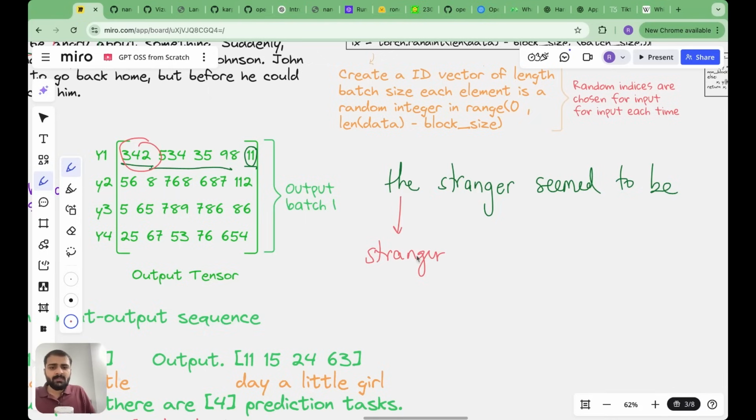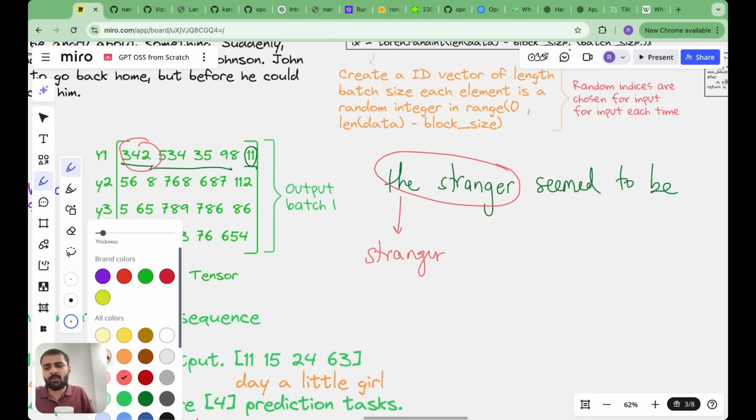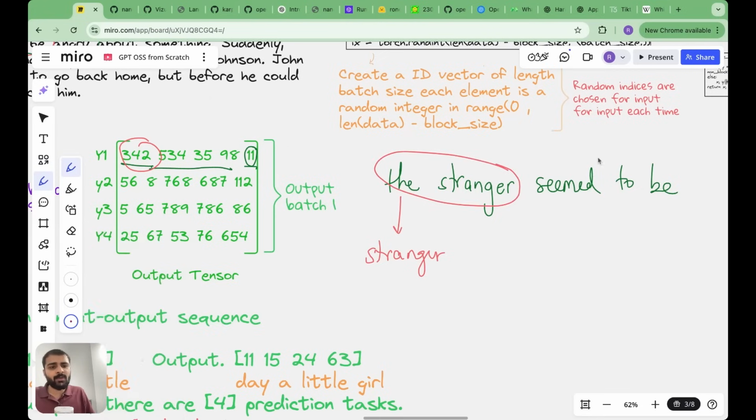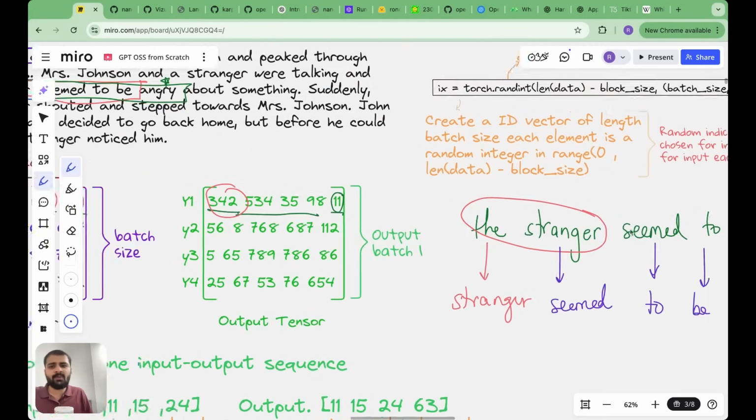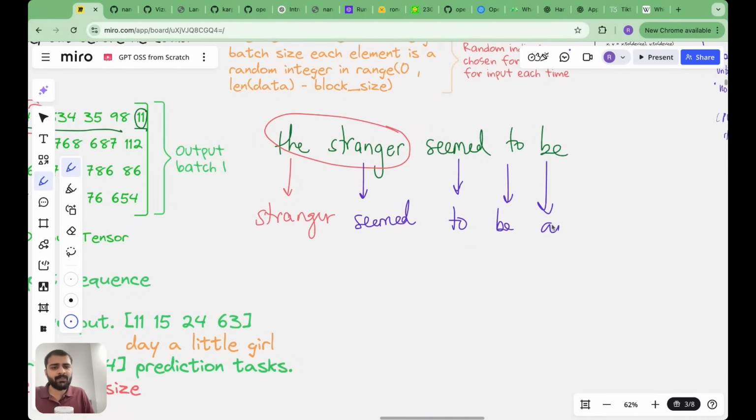Then this "stranger" is again added to my input. So if "the stranger" is my input, then my output is "seemed". If "the stranger seemed" is my input, what's my output? "To." If "the stranger seemed to" is the input, what's my output? "Be." And if "the stranger seemed to be" is my input, then my output is "angry".